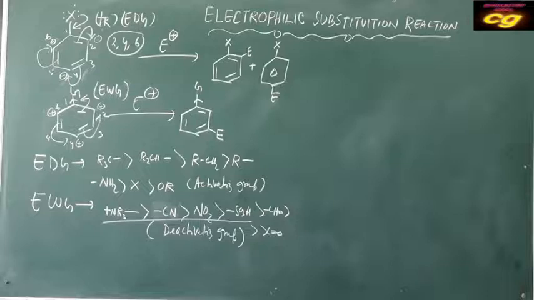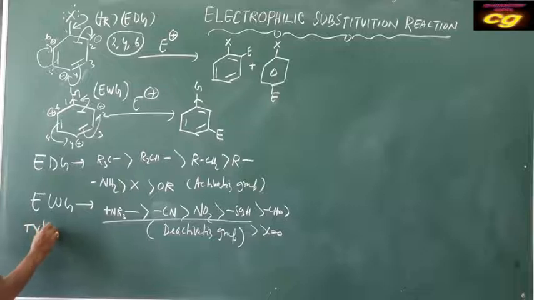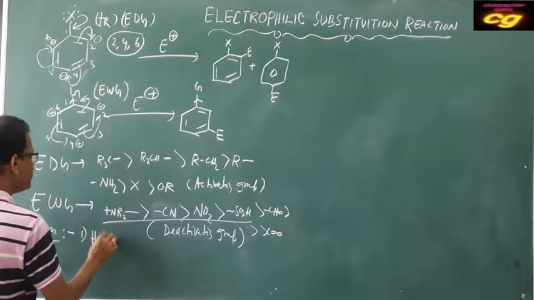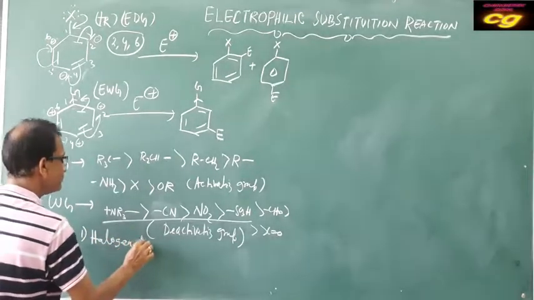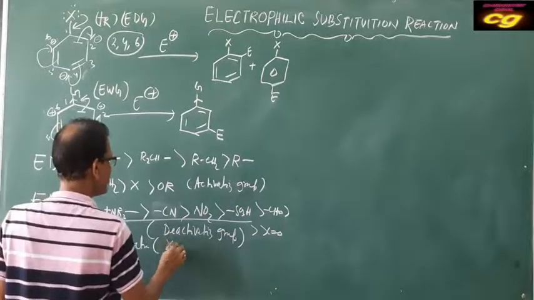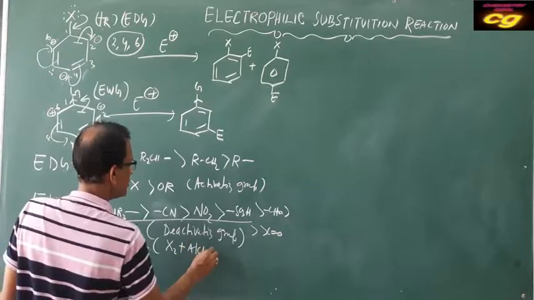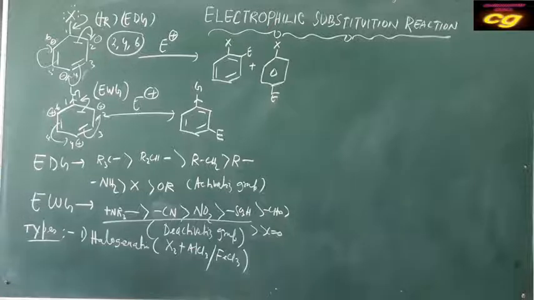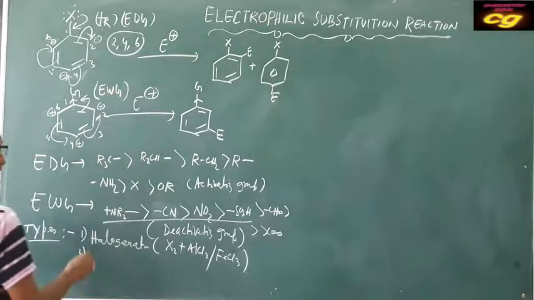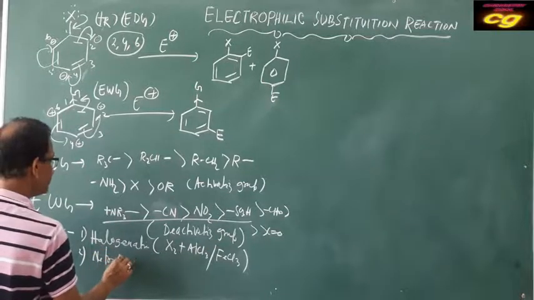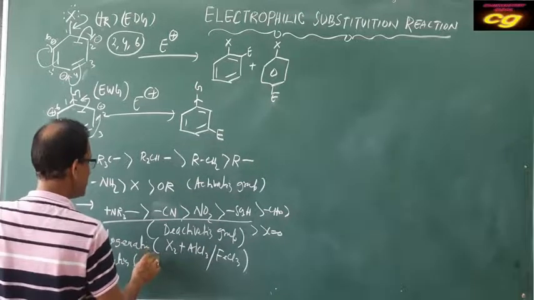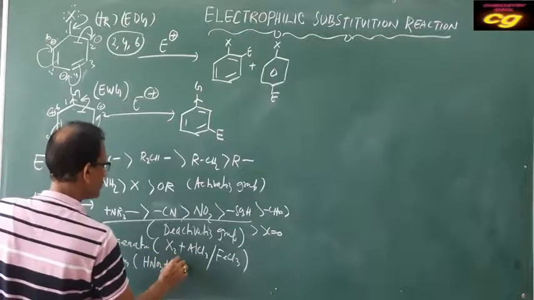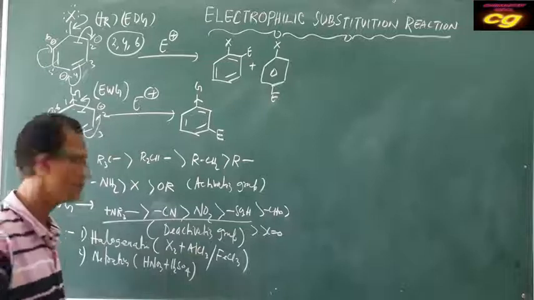But here, what are the electrophilic substitution reactions generally? Types of electrophilic substitution: generally halogenation, which takes place in presence of halogen and one Lewis acid, ferric chloride, or aluminum chloride you can use. Then nitration is done in the presence of nitric acid and sulfuric acid, both concentrated. In some cases direct nitric acid is also used.